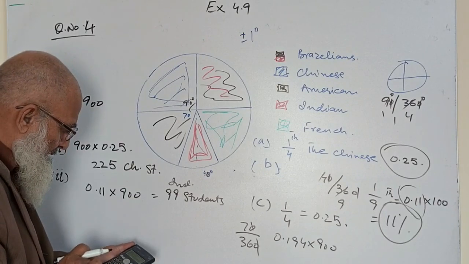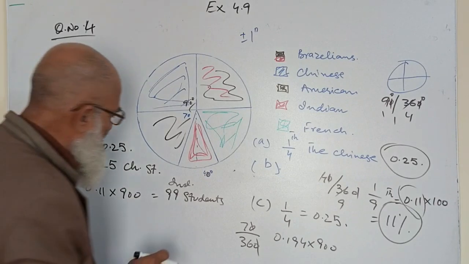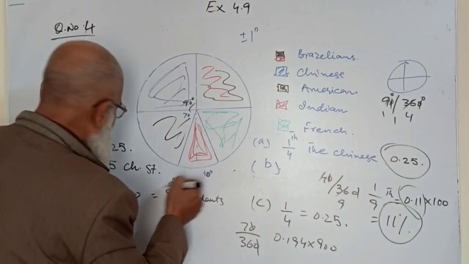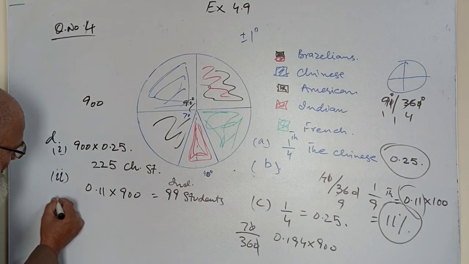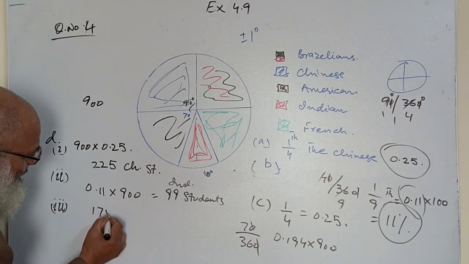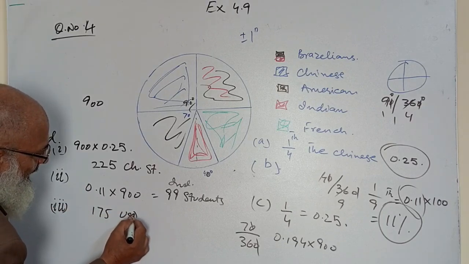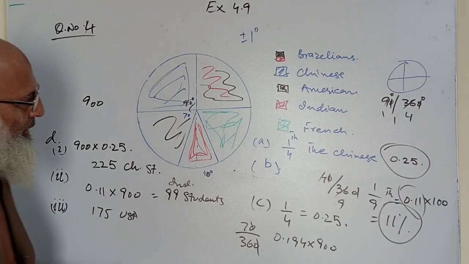Multiplied by 900 will become 175 American students. There are 175 American students.